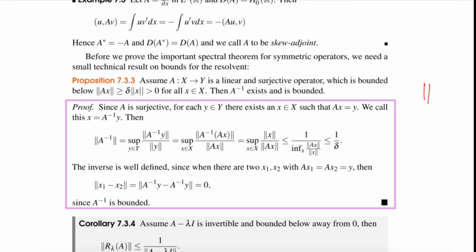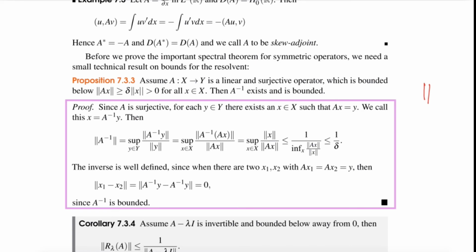And A inverse A cancel each other, so we get the supremum of the norm of x divided by the norm of Ax. Then I estimate this is less or equal to, if I take the infimum over the bottom, but based on the assumption on the lower bound on A, the infimum is still bounded by delta. The infimum is bigger than delta, so 1 over the infimum is less than 1 over delta.